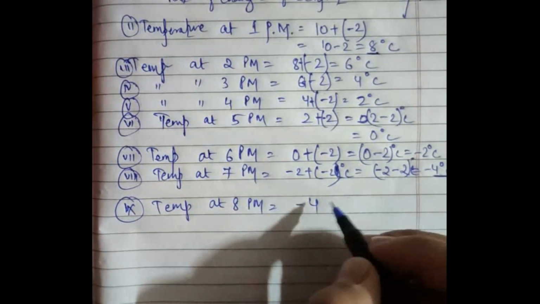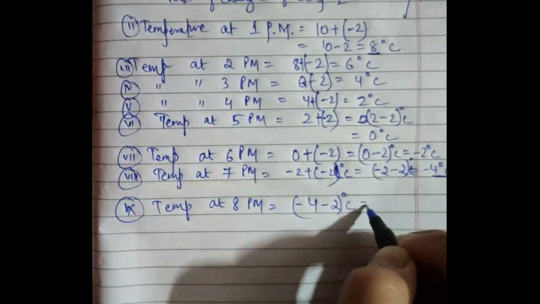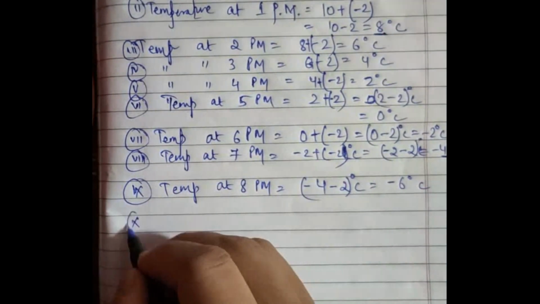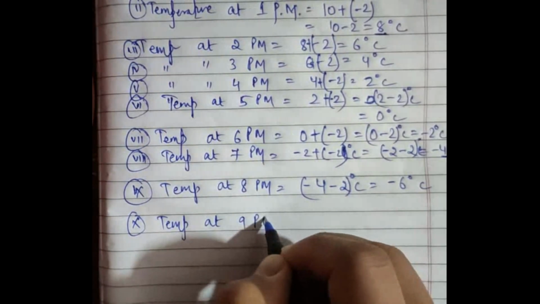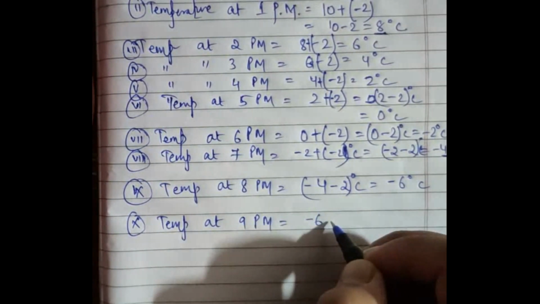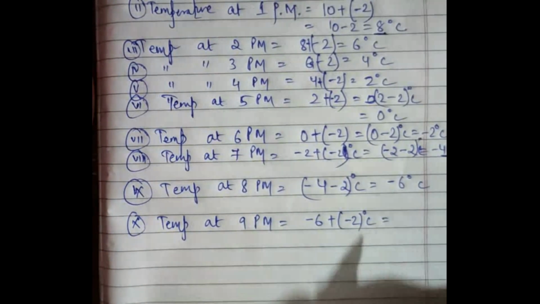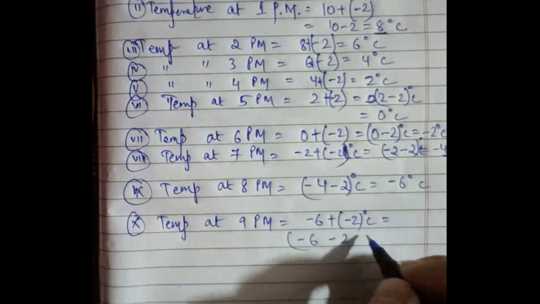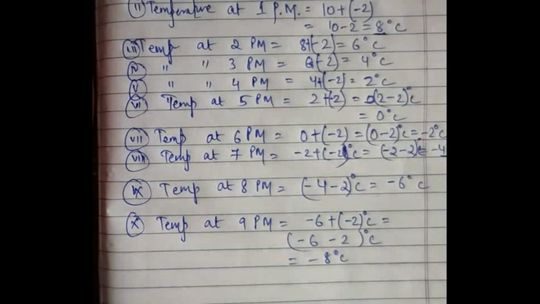Alright. So minus 6 degrees Celsius. In number 10, temperature at 9 p.m. is equal to minus 6, minus 2, minus 8 degree Celsius. So this is our destination.